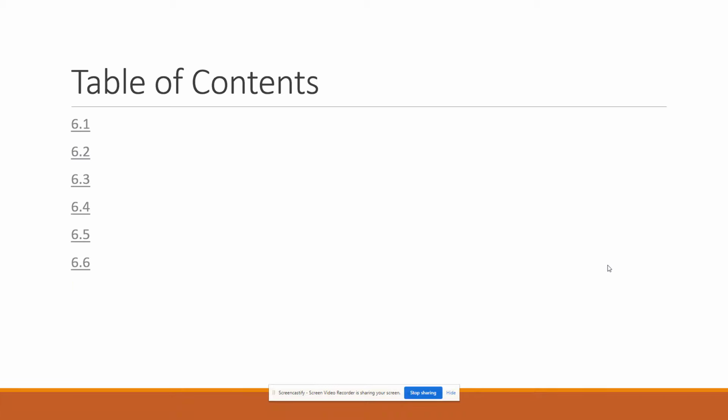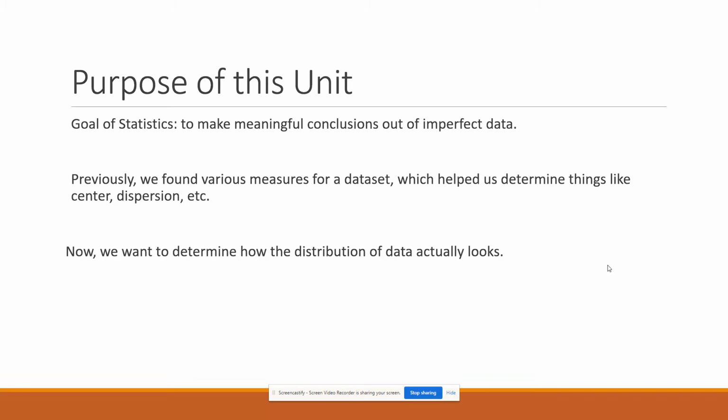First, though, let's put everything into perspective. Why do we do what we're doing now? I want to bring our attention all the way back to the very start of the semester when we discussed what the purpose of statistics might be. And that for us is this: the job of statistics and us as statisticians is to make meaningful conclusions out of incomplete or imperfect data, right?